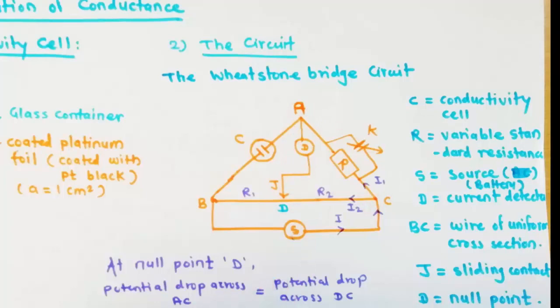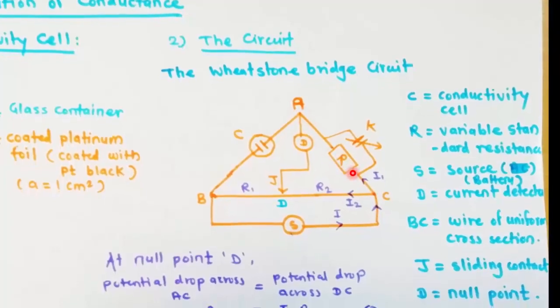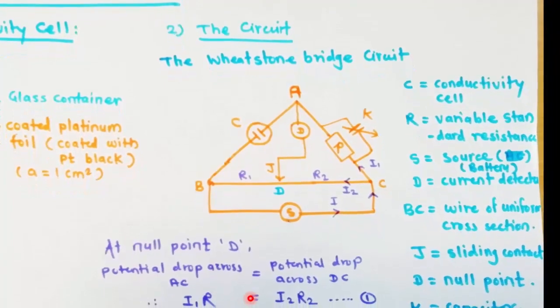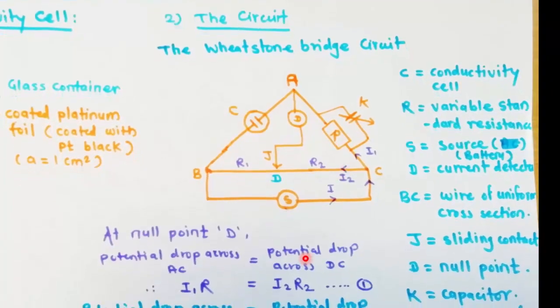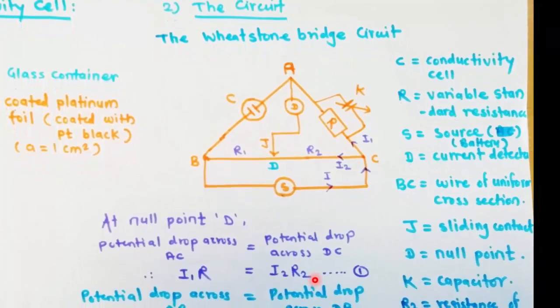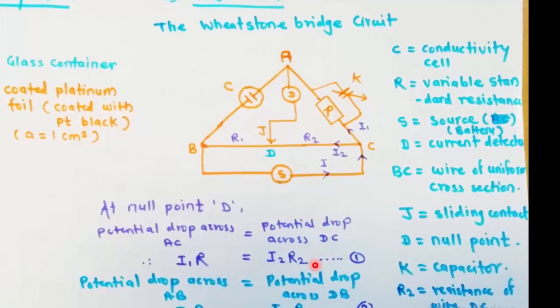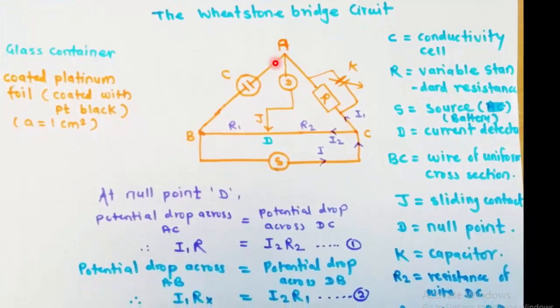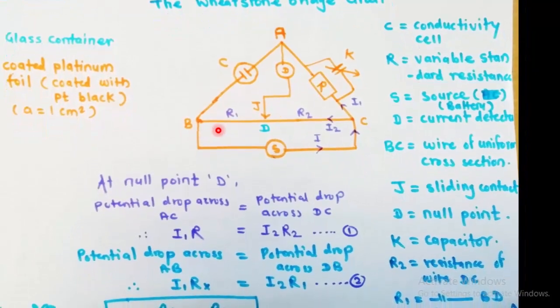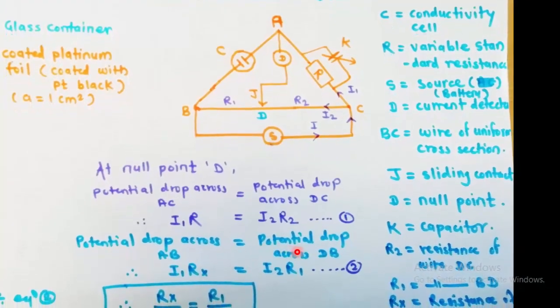So the potential drop across AC will be current into resistance, I1 into R, and the potential drop across DC will be I2 into R2. Similarly, the potential drop across AB will be equal to the potential drop across BD or DB.